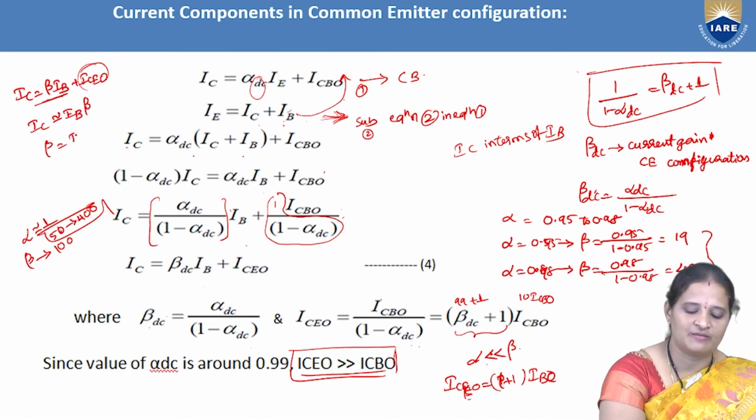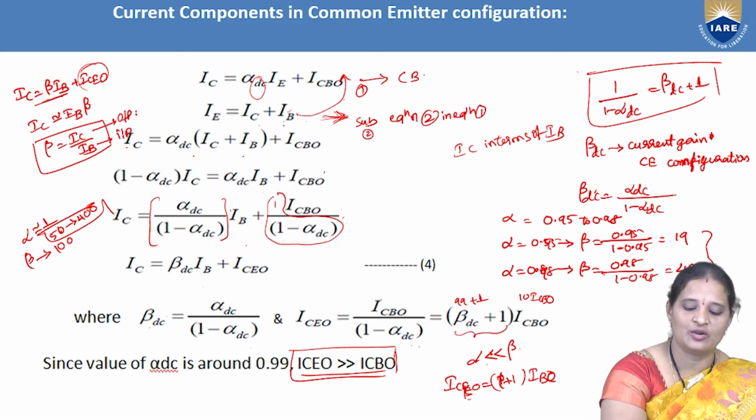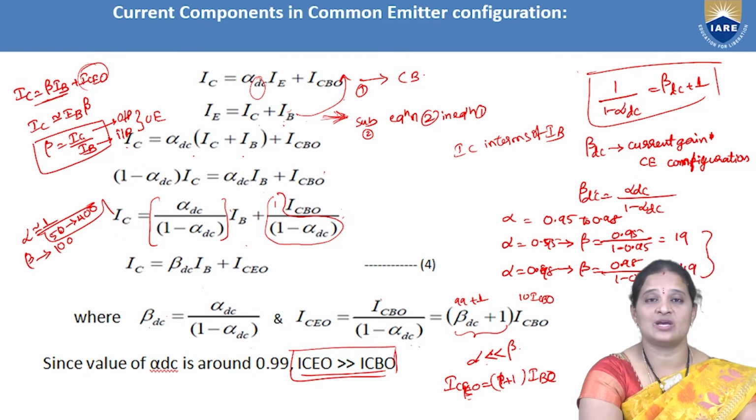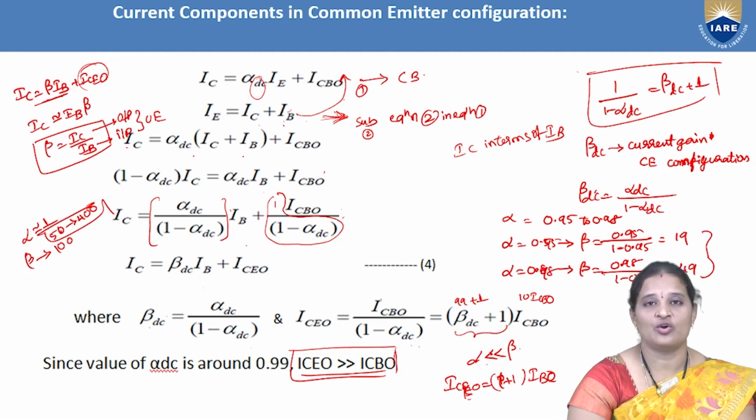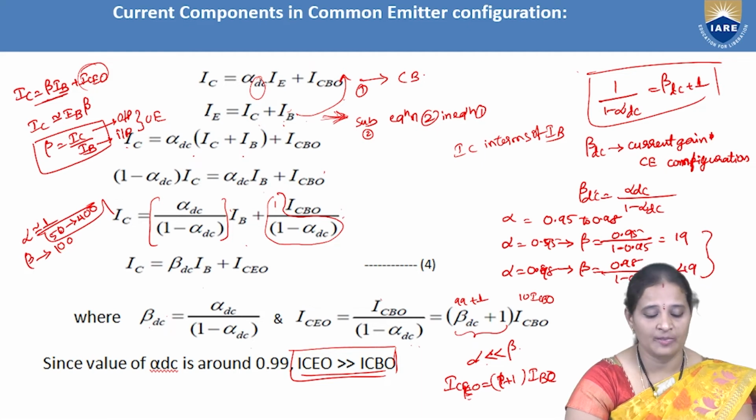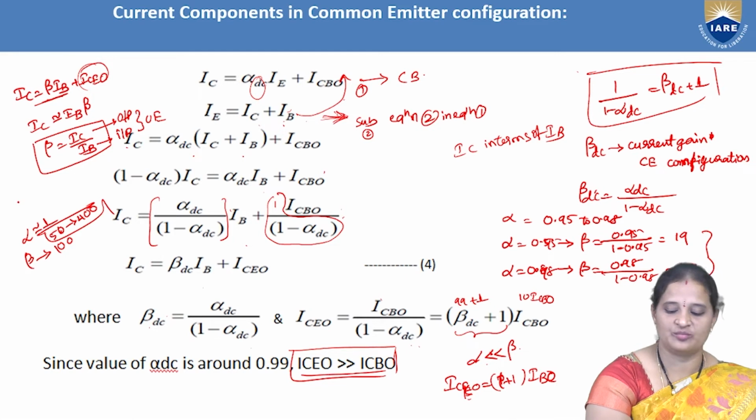Then beta can be defined as IC by IB. This is the output current, that is IC, and this is the input current in common emitter configuration. That is why I call beta the current amplification factor or current gain in common emitter configuration. So IC is equal to beta IB.